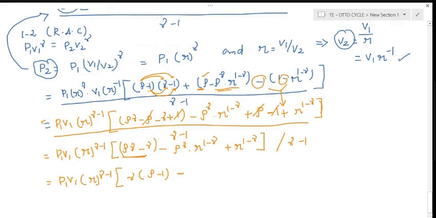Here, r power 1 minus gamma is common, so taking r power 1 minus gamma outside, the remaining term is rho power gamma, so minus into plus; here I have a minus, again minus into minus, here is a plus, so minus 1. Okay, right.